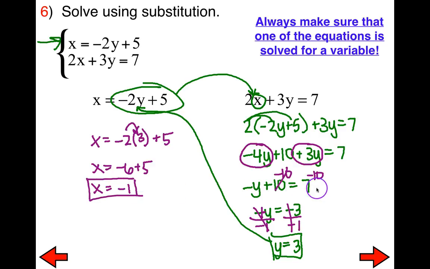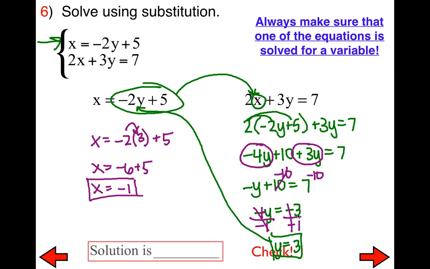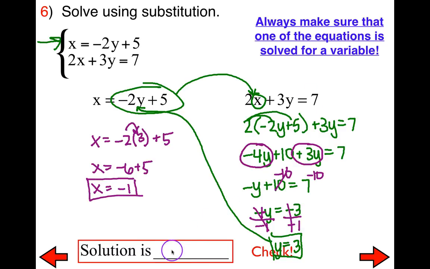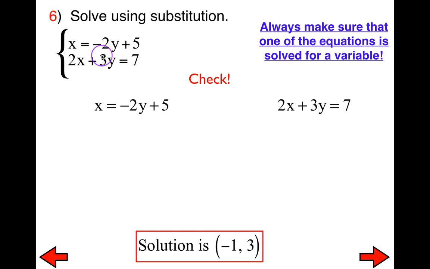So now that I know the value of both, I can say that the solution is, first we write x, which is negative 1, comma, and then we write our y value, which is 3. And most importantly, like it says down here, we make sure we check our answers to see if this is a solution that works for both equations.